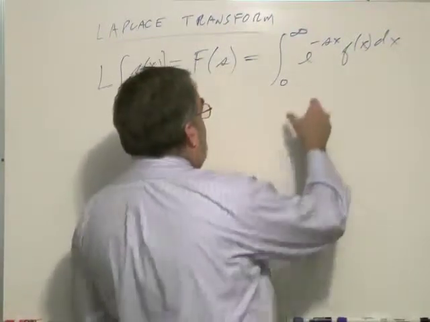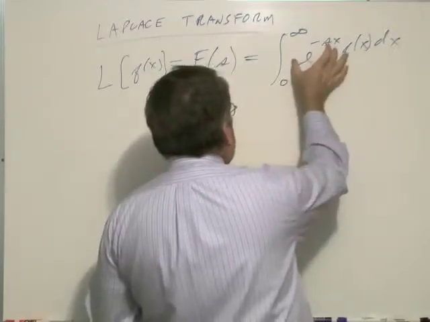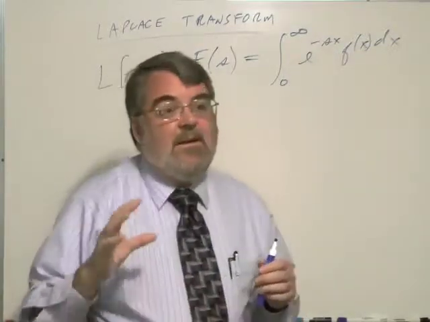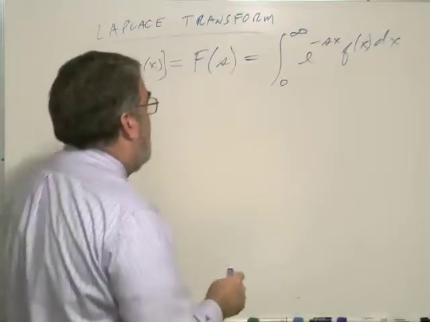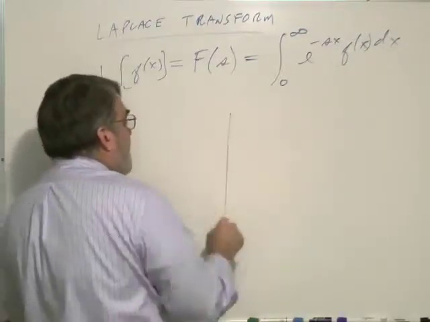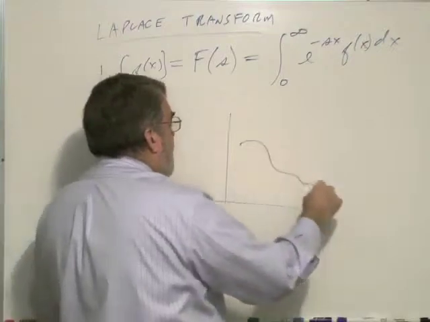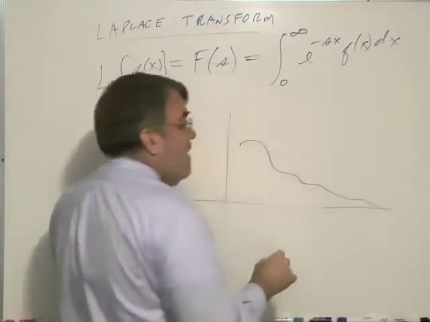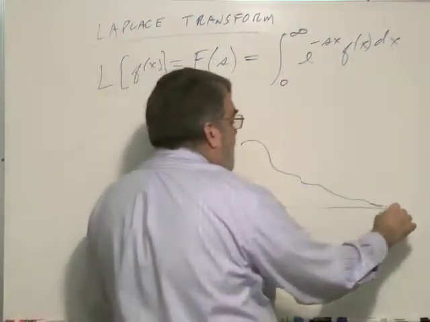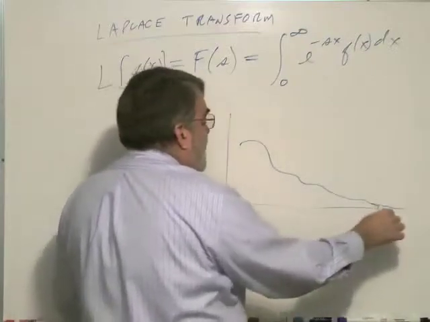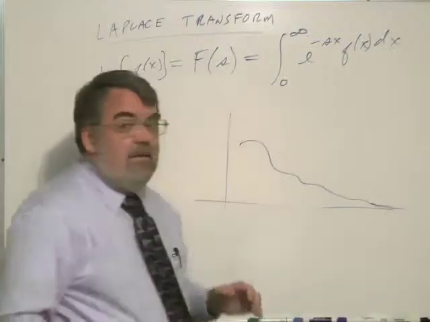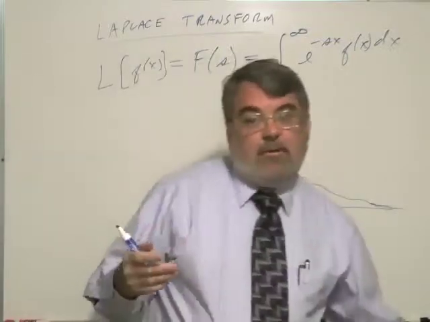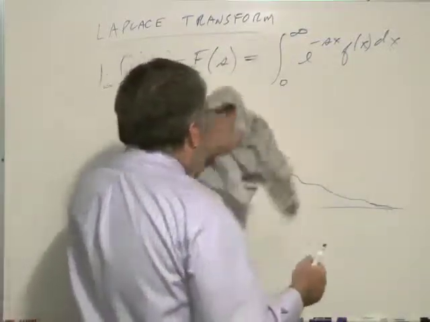And so whatever f of x is, this tends to overwhelm it and cause that product to go down to 0. In other words, it's generally integrable, because as x goes to infinity, this just shrinks down to nothing quickly enough for it to converge.